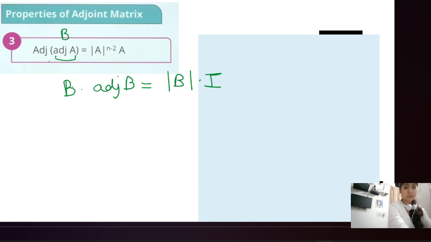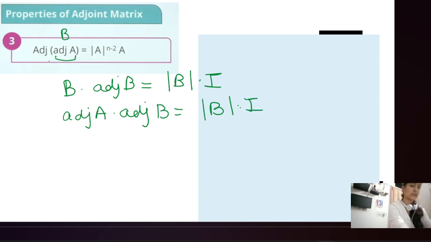So now put the value of B here, this adjoint of A. So from here we are getting adjoint of A times adjoint of B is equal to determinant of B times I, that is identity.